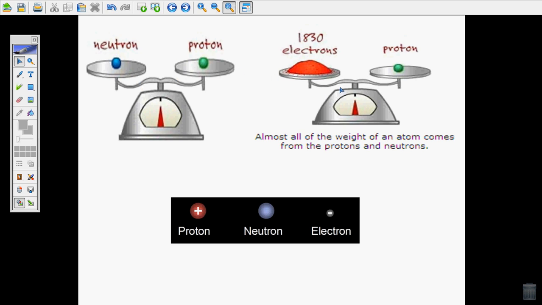Over here we have a balance that shows 1 proton and 1,830 electrons. So it takes a lot of electrons to equal the mass of 1 proton. Therefore, the mass of an electron is negligible or not even really there. It doesn't contribute to the overall mass of the atom. So the mass comes from the proton and the neutron, or the nucleus of the atom.